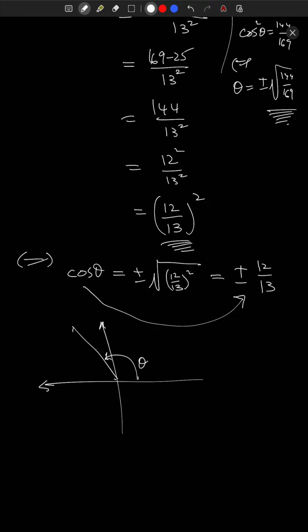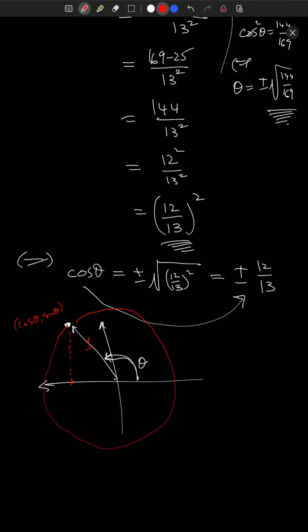So why do I care about that? Well, theta being here means that the point on the unit circle that helps us define what sine and cosine are, let's say this is a radius 1 circle, that point there has coordinates cos theta, sin theta, by definition of cosine and sine.